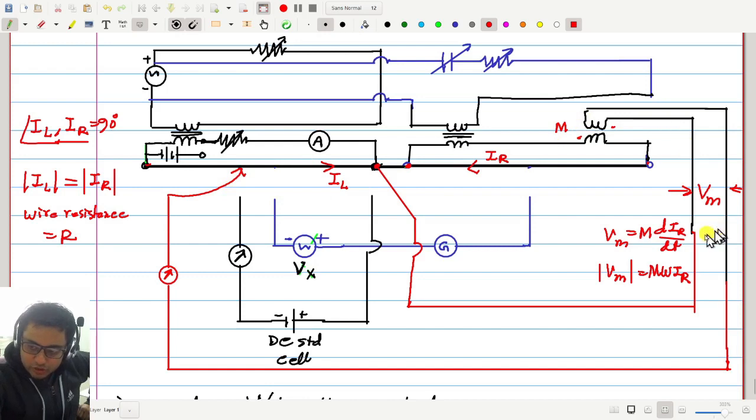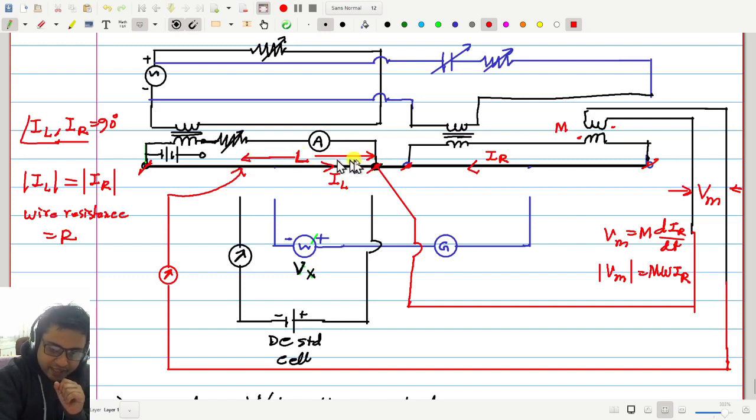Also, the magnitude of this voltage is M omega IR. I know that if I want to make the magnitude of this voltage and this voltage the same, can you tell me at which length this is? Let me check whether you understood it or not. Suppose I put it at a length L. What should be the value of L? I want this potential from here to here and this potential from here to here to be the same.